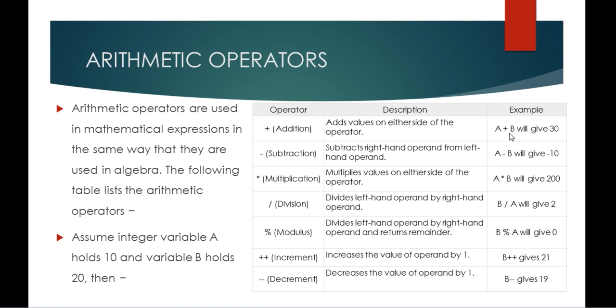So 10 plus 20 will give 30. 10 minus 20 will give negative 10. 10 times 20 will be 200. 20 divided by 10 is 2. 20 modulus 10 is 0. And then if we're going to use the increment, we're going to add 1. So B plus plus gives 21 and B negative negative gives 19.